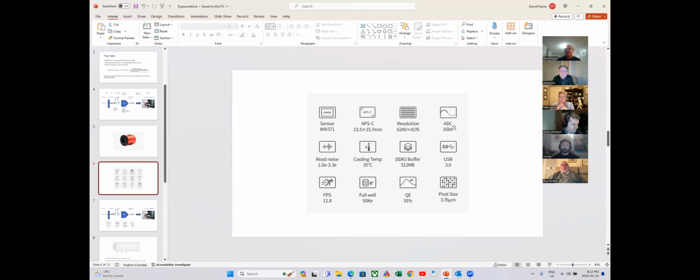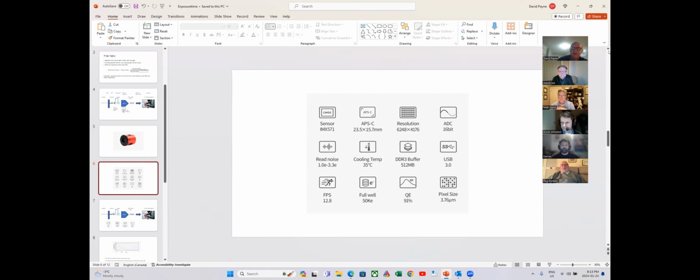Well, it's got to be big enough to include all of the possible number of ADUs. So if the camera is going to count more ADUs than 16 bits' worth, then the camera is ill-designed, right? So it usually goes hand in hand.